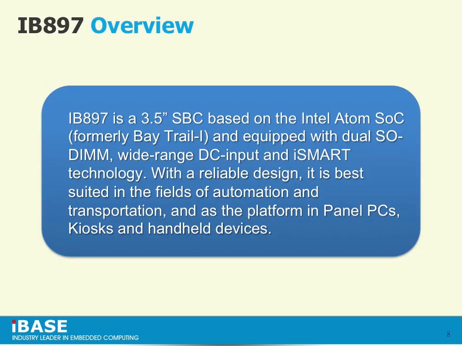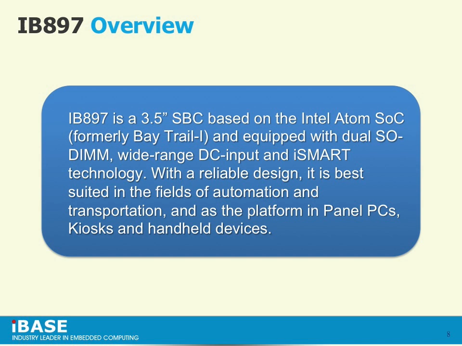So let's talk about our solutions. The IB897, just like what I have mentioned, is the 3.5-inch board, based on the Intel Atom SoC processor, or we can call it the Bay Trail-I. And the advantage of our IB897 is there are 2 memory sockets directly on board.